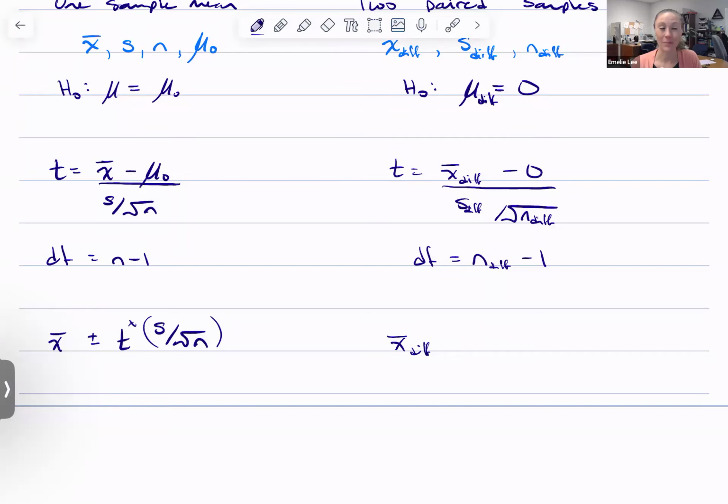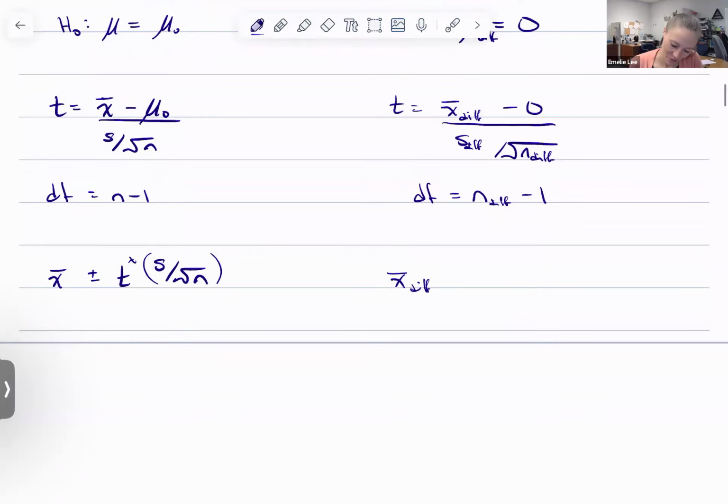And a positive difference would mean that brand A was larger than brand B if we took A minus B as the difference. And so those are all the things that we talked about last day, but it's been a whole weekend, so it's worth reminding ourselves. Still T star as our critical value times S diff over root n diff.